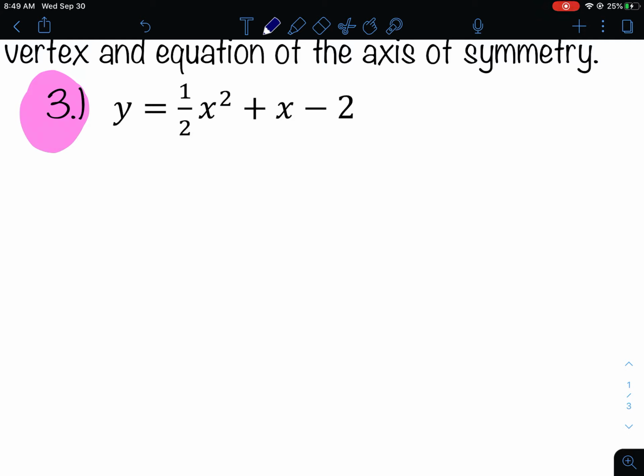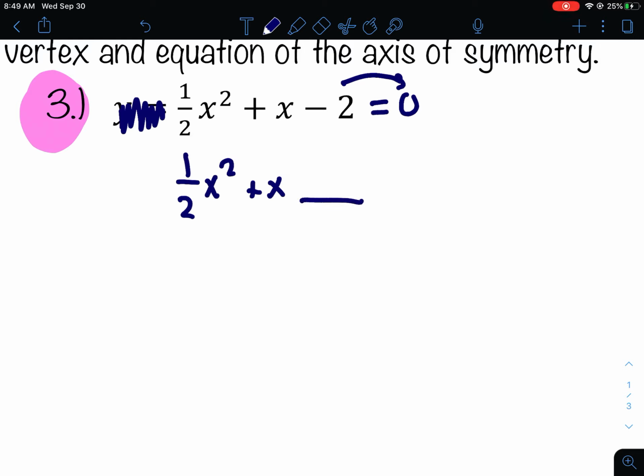So remember what I told you, if it just says y equals, simply just ignore that and set it equal to 0. Now, in order to do the conversion to vertex form, the negative 2 will have to go to the other side. So I have 1/2 x squared plus x blank for when I complete the square, and a positive 2 on the other side.